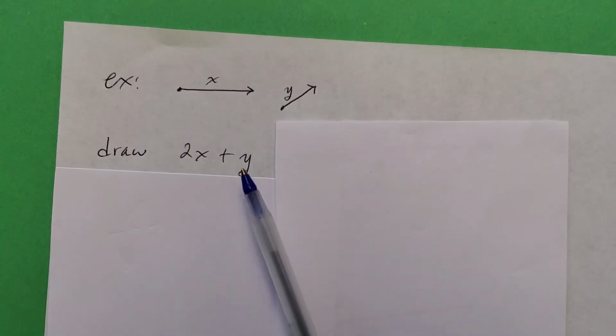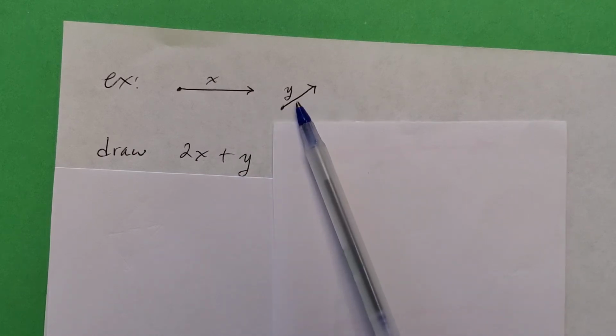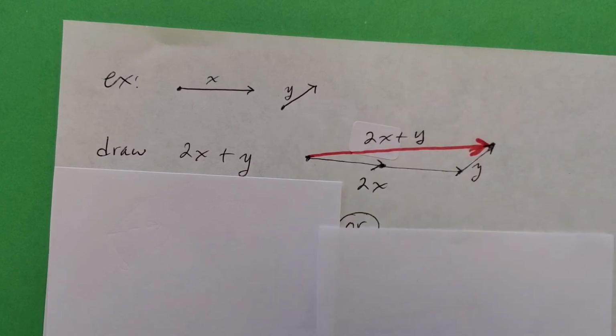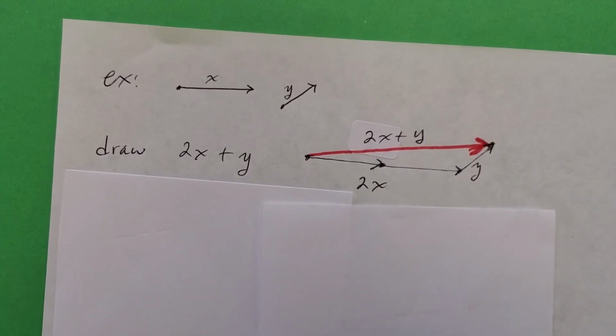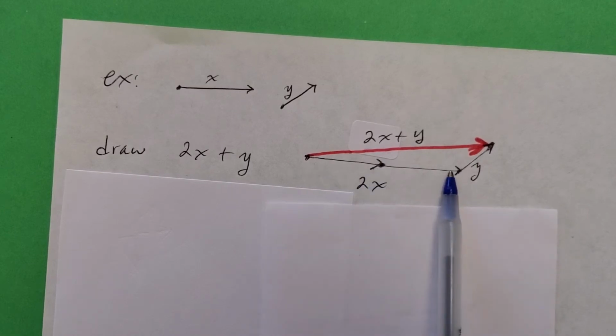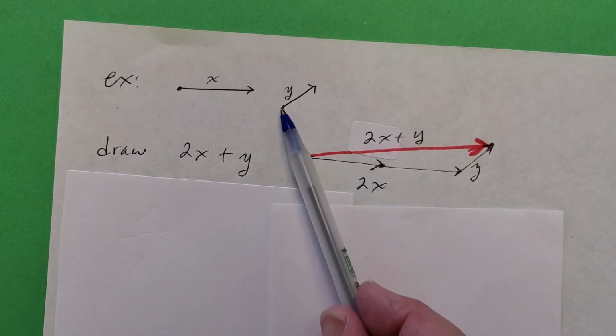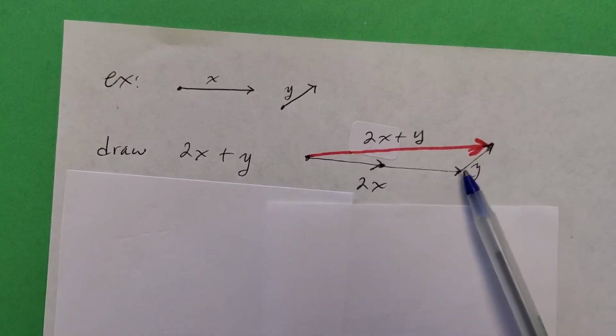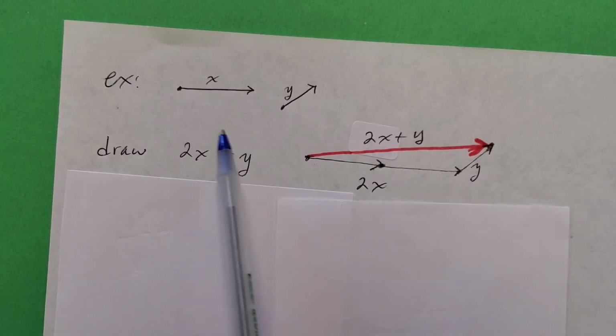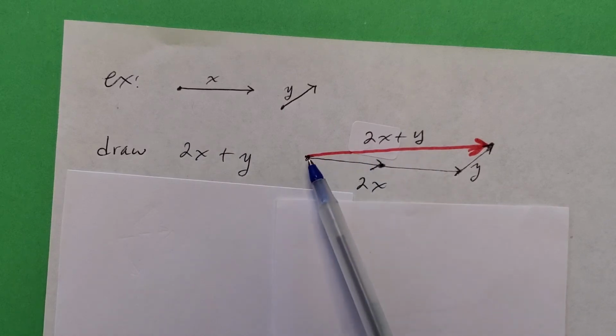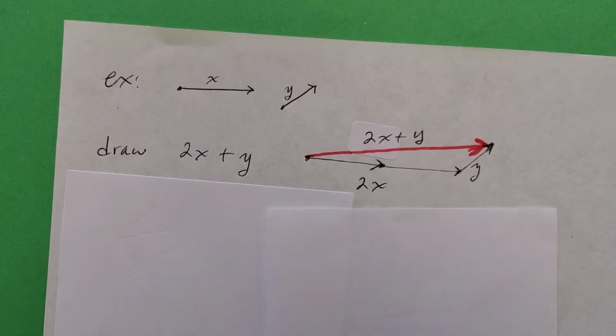Plus y. What that means is you redraw y, tip to tail, and then make a triangle. There it is, right? Look carefully. Here is my 2x right there, and then I draw the y so it's tip to tail, and my resultant, 2x plus y, when you add those two, is this red arrow right here.